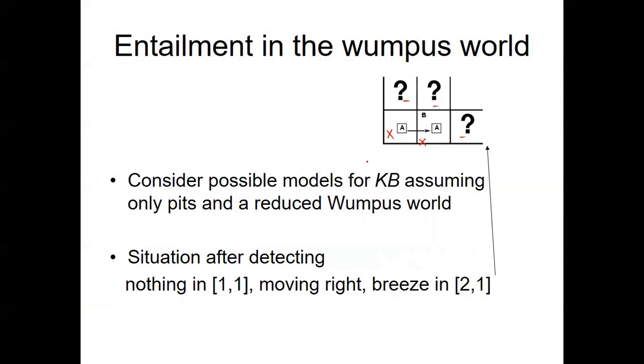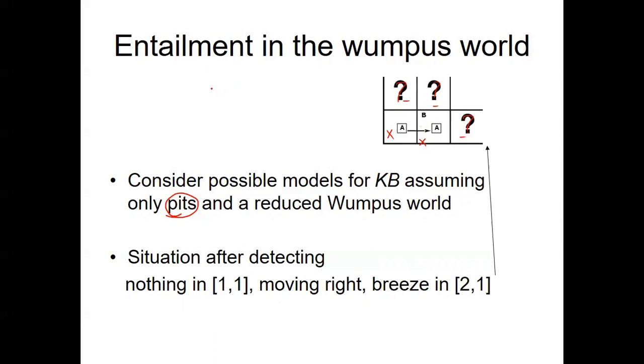Now we are considering a reduced world where we are considering only the pit. So what about the possibilities of these cells? Forget about the existing knowledge. What are the different combinations available?